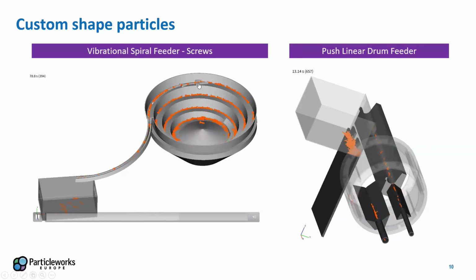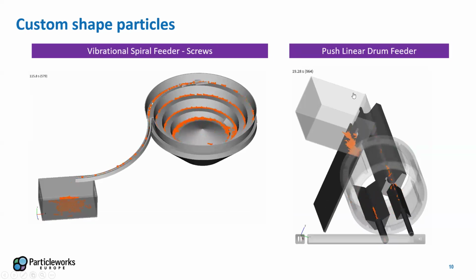As you can see, the system selects and drags the bolts around, and they are then transferred to this container. A similar approach is on the right, where we have a linear drum feeder, but the objective is basically the same.